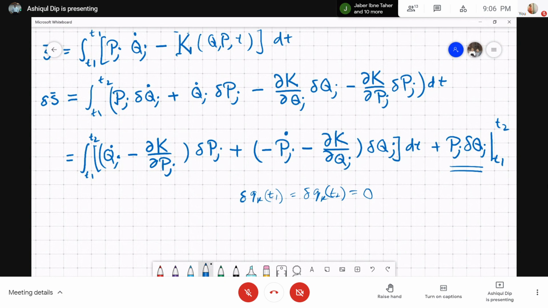To see that, we actually need to evaluate the variation of Q_j explicitly in terms of coordinates.